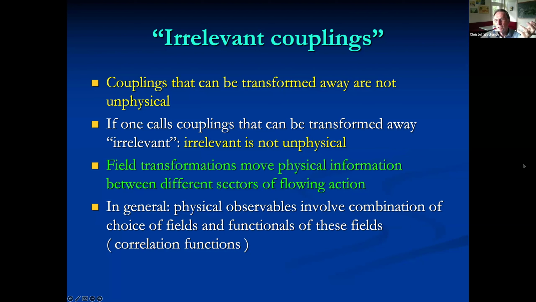Observables are always a pair of a choice of fields and a function of these fields. If you make a variable transformation, you go, of course, to a new choice of fields, to new correlation functions. The observables are invariant, but of course, you can do a lot of things by these types of field transformations.